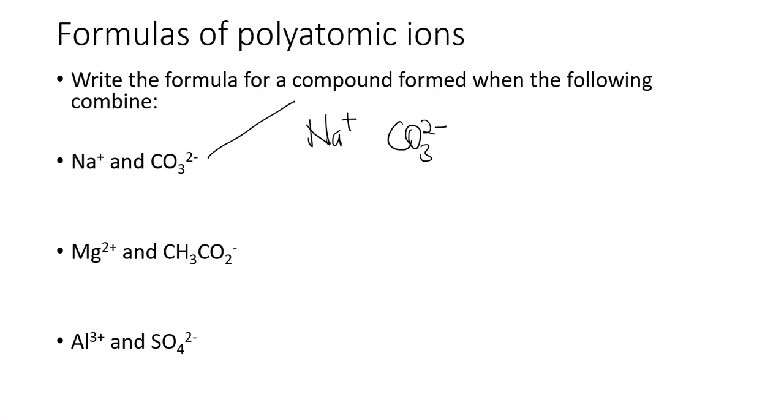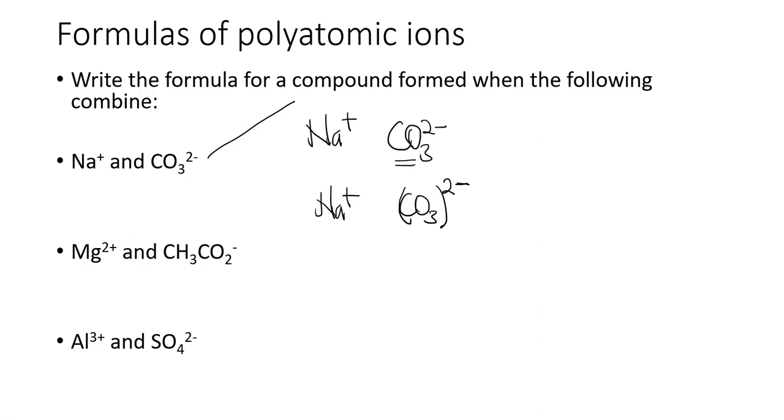So the first thing I'll do is I'll go to the polyatomic anion. I'll put them together again, sodium plus, and the polyatomic anion, I'll take this CO3 and put it in parentheses and put the charge outside the parentheses so that the transfer is easy.